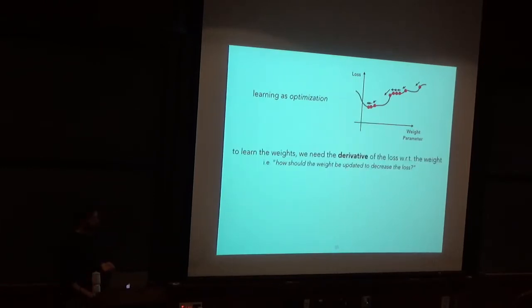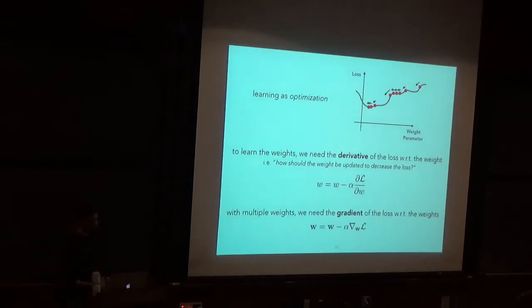So in order to actually learn the weights, we need the derivative of the loss with respect to the weights in order to say how we should update the weight in order to decrease the loss. That's shown in this partial derivative of the loss with respect to this particular weight parameter here. And in multiple dimensions, we can think of this as actually a gradient, not just a single derivative.